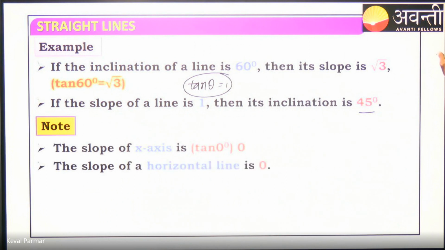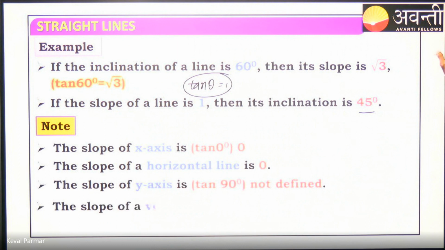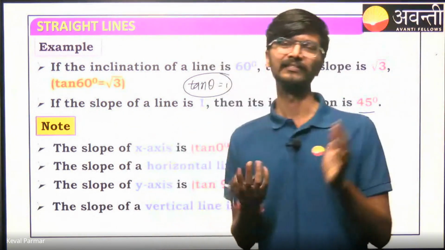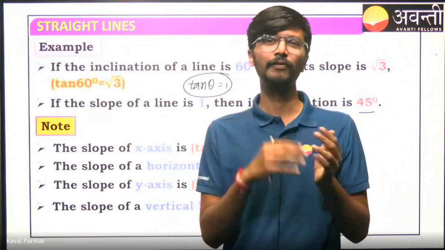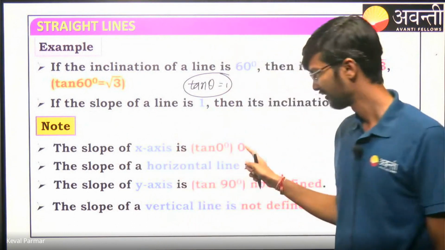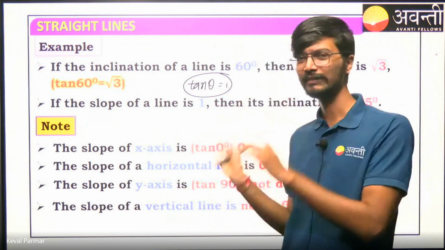This is a very simple thing to understand here. Note these 4 points, that is, the slope of the x-axis. Now the x-axis itself makes an angle of 0 degrees with itself, so the slope will be tan 0, which is 0.